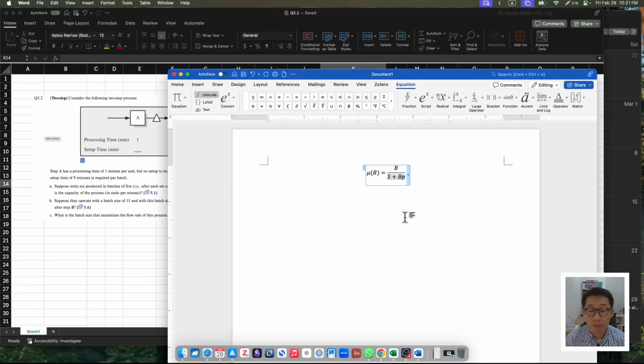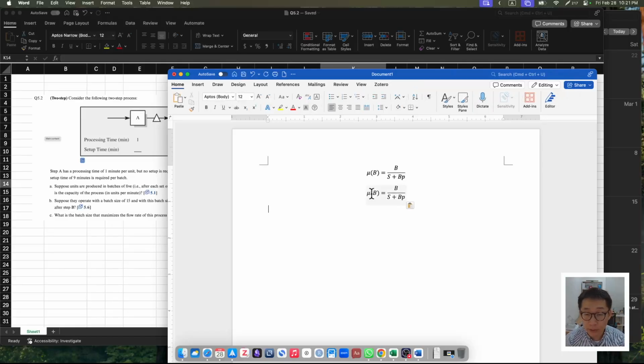Therefore, you go back here, your target capacity is going to be 1. And we know this is 9 minutes, and we know the P is going to be 0.1. So you kind of have to rearrange everything.